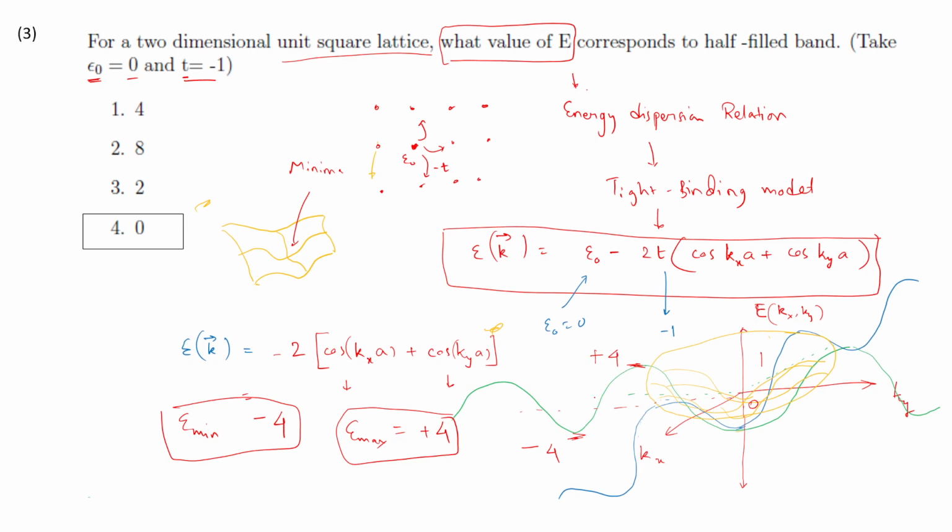So half filled band will be just the middle of 4 and -4, the half filled band in which the electrons will be filled up to the half of this, which is the middle of this, and that will correspond to E equal to 0, because of symmetry we can say that it will be the mid of E max and E min.